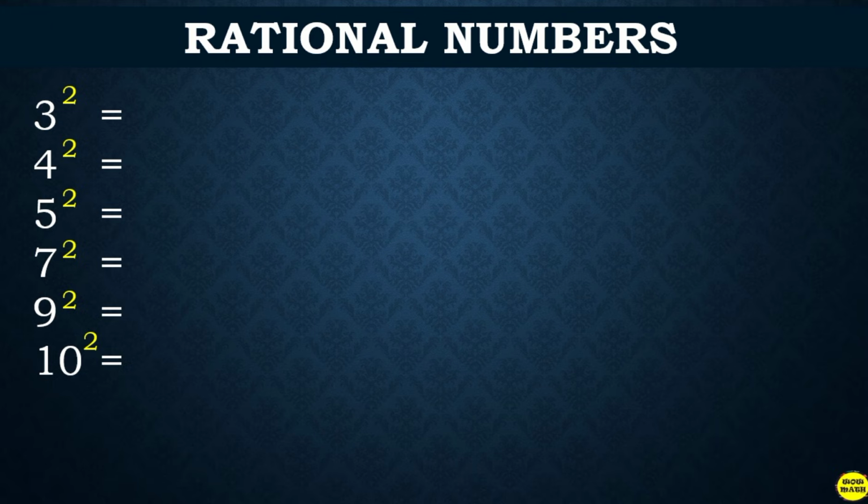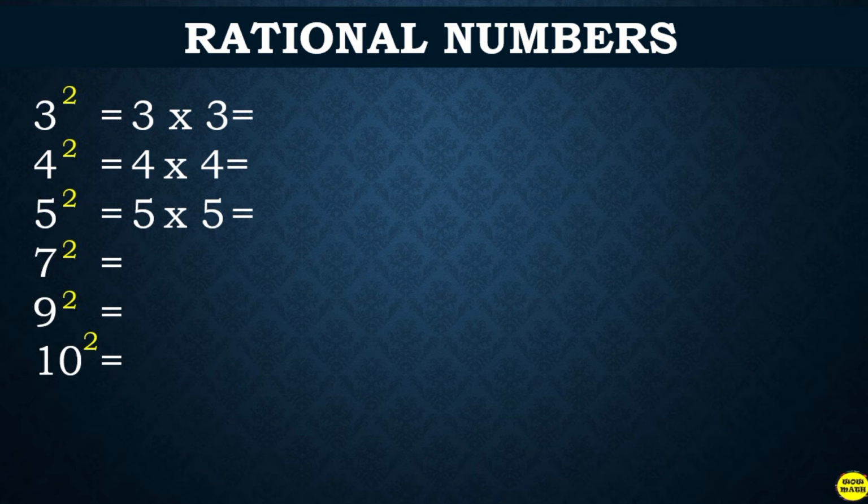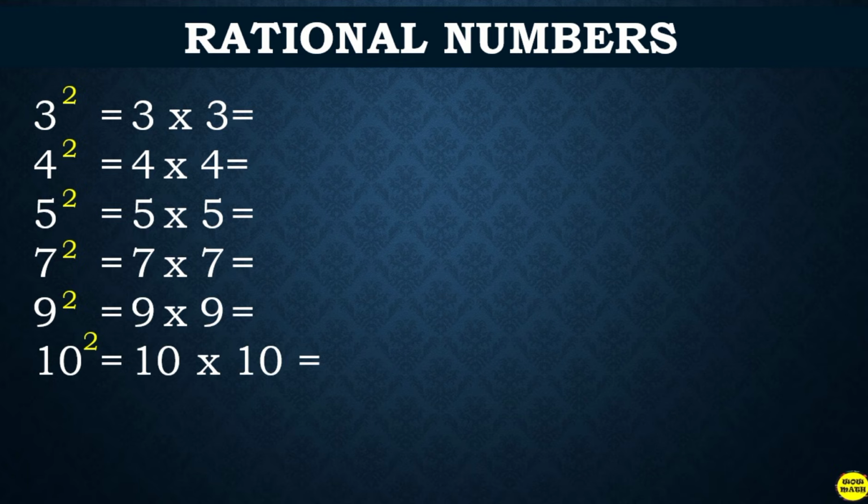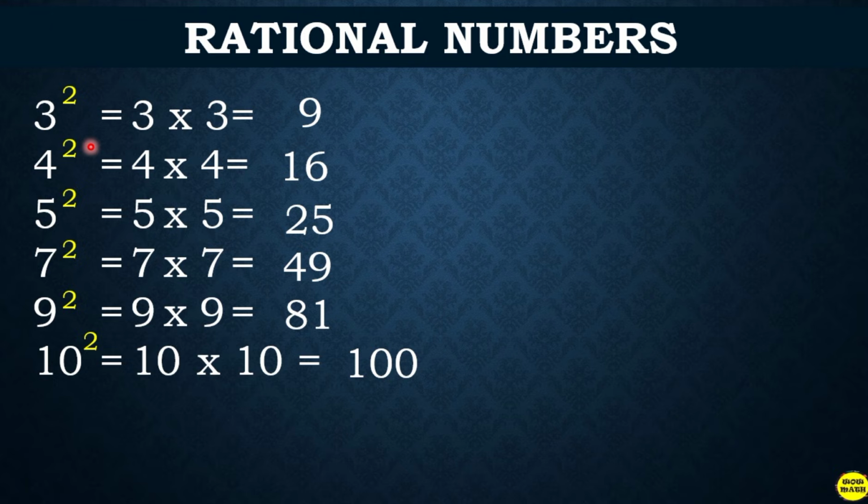Now, if we have 3 squared, that is 3 times 3. 4 squared is 4 times 4. 5 squared is 5 times 5, and so on. Okay, so if we will be getting the product of these numbers, then that is 9, this is 16, 25, 49, 81, and 100. So, kumuha lang ako ng random numbers ha.